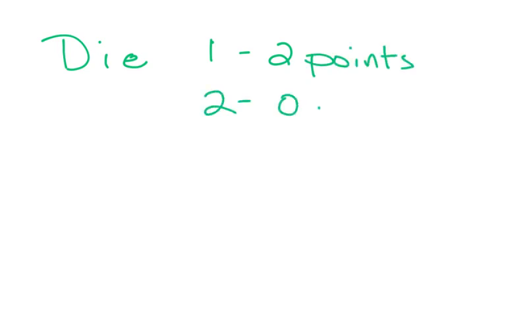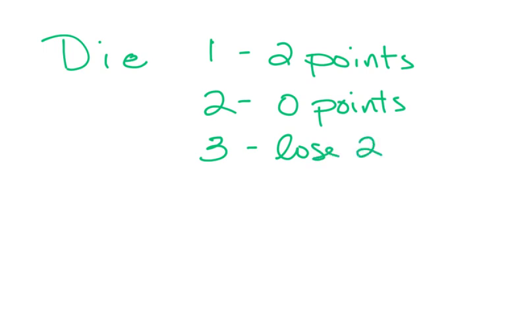We've got a die. And if you roll a 1, then you gain 2 points. It's plus 2 points extra credit. If you roll a 2, you get nothing, 0 points. If you roll a 3, you lose 2 points.